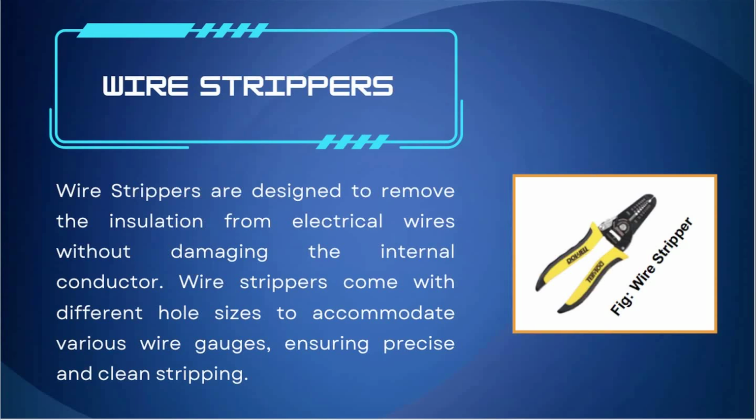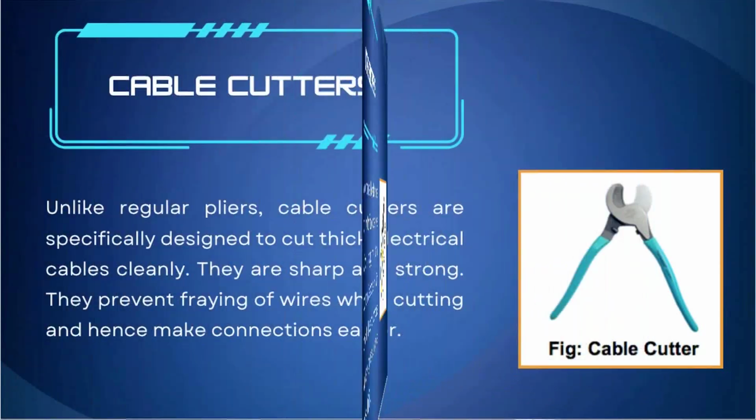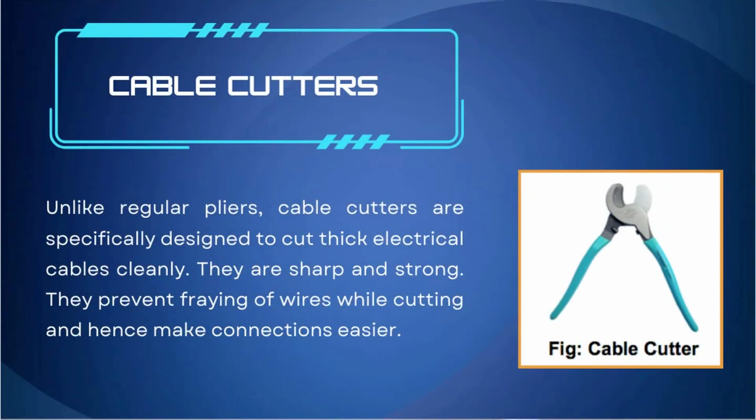Wire strippers come with different hole sizes to accommodate various wire gauges, ensuring precise and clean stripping. Unlike regular pliers, cable cutters are specifically designed to cut thick electrical cables cleanly. They are sharp and strong. They prevent fraying of wires while cutting and hence make connection easier.